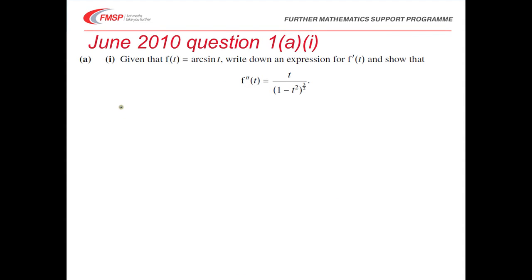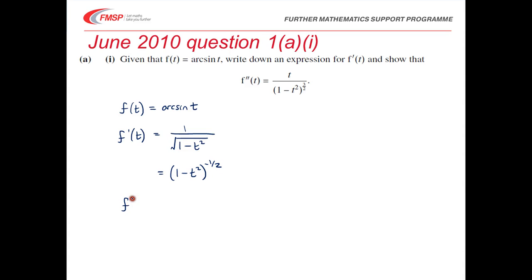Okay, we've got f of t is arcsine of t, and therefore the derivative of that, copying from the formula book, is 1 over root 1 minus t squared. That's 1 minus t squared to the minus a half.